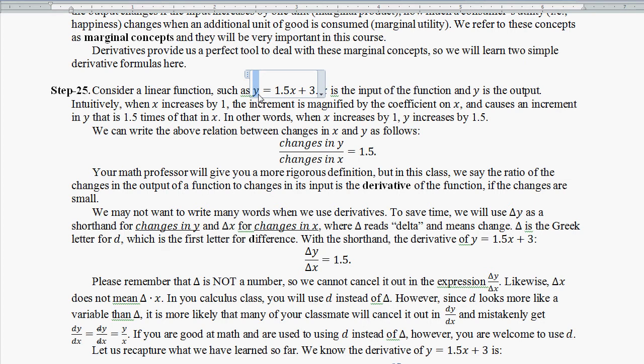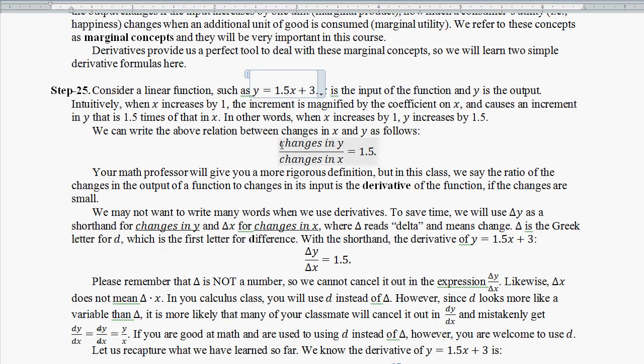So intuitively, let's not talk about any calculus or anything like that. Intuitively, when x increases by 1, we can see the increase is magnified by this number, 1.5. Then y is going to increase by 1.5, right? So we can write what we just said as an equation.